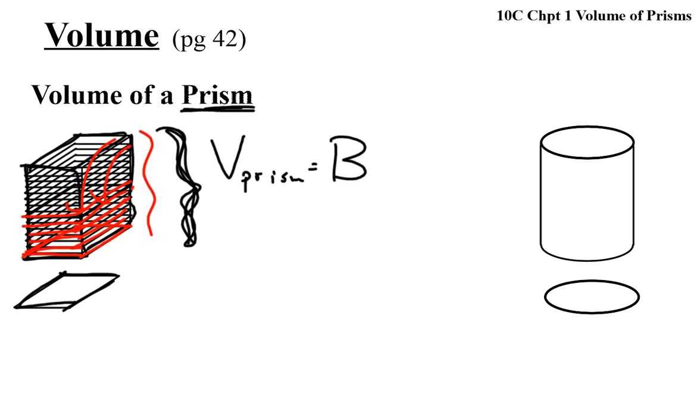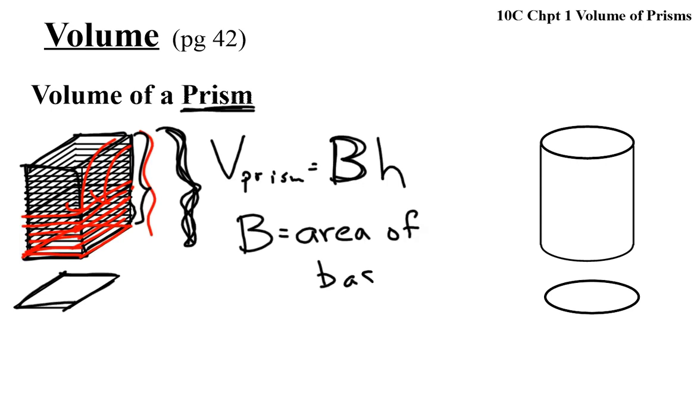So the volume of a prism is the base multiplied by the height of it, and what the big B represents is the area of the base. So in this first shape, what do we have here? It's drawn in three dimensions, but we have that rectangle on the bottom.